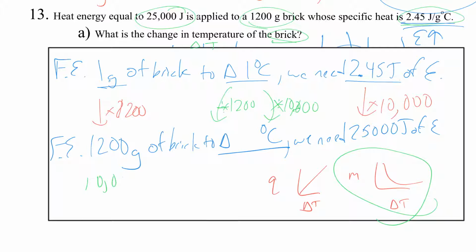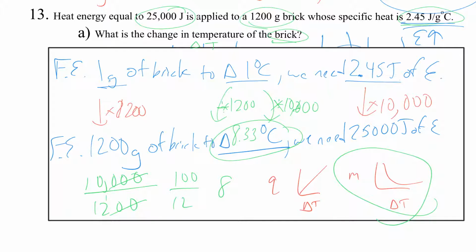So 10,000 divided by 1,200 is the same thing as 100 divided by 12. And that goes in 8 with 4 left over. That'd be 8 1/3.